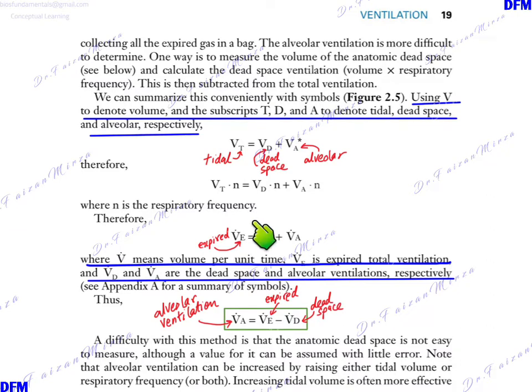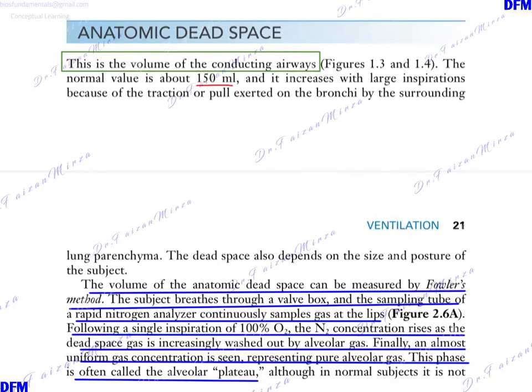So volume per unit time expired equals volume per unit time present in the dead space plus volume per unit time in the alveolar region. The alveolar ventilation then becomes the volume of air ventilated per minute, or you can say expired, subtracted by the volume which is in the dead space, which we have done just a few moments back.